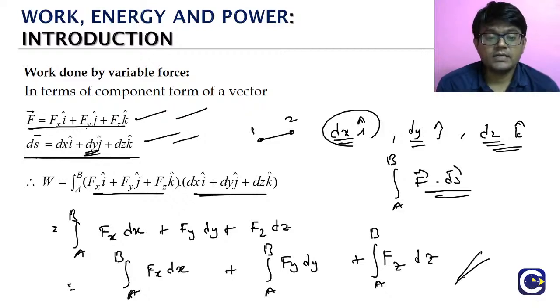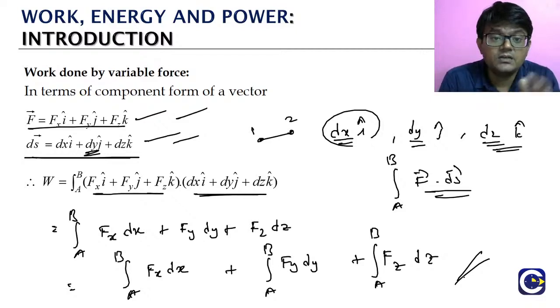Then the work done will simply be the dot product F dot ds, but to get the overall work done we have to integrate it. This is how we calculate the work when the variable force and displacement are in different directions.